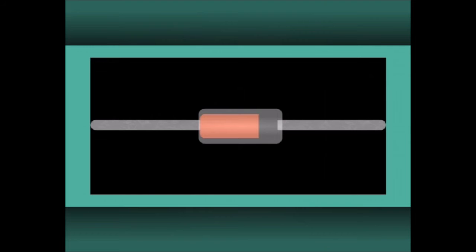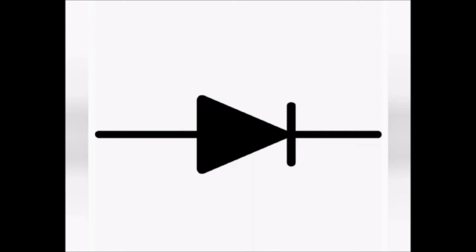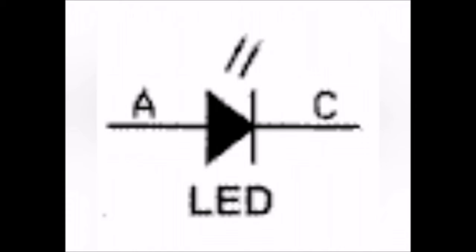In detail, you will study about diode in your higher classes. This is the symbol used for diode. Next component, LED, light emitting diode. It also has various uses. We will see later. This is the symbol used for LED.